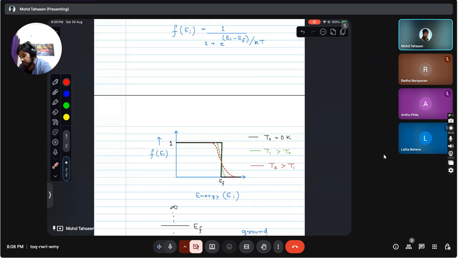One more final point I would like to make is that in these Fermi-Dirac distributions, only the energy states which are near this Fermi energy level interact with temperature, because this region is the same for every temperature.